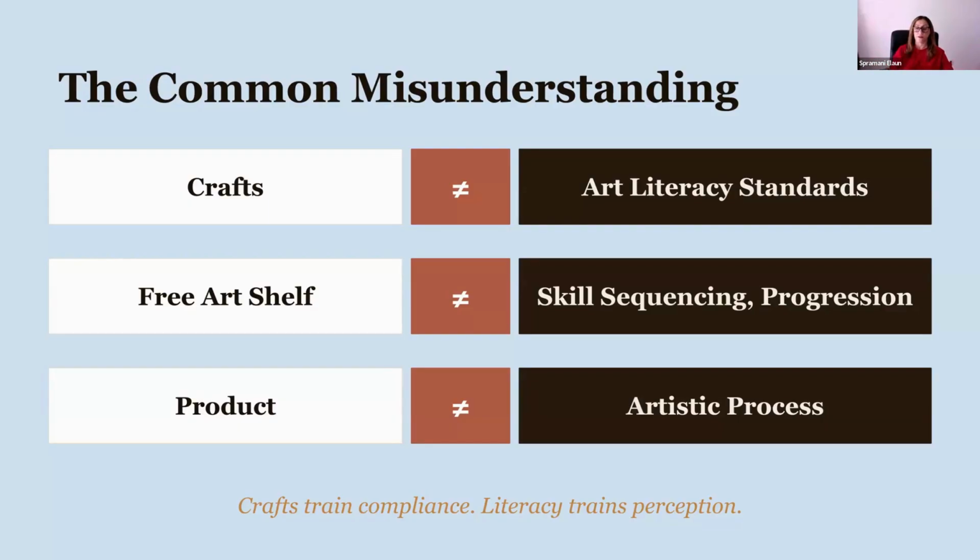A lot of these things are misunderstandings, and sometimes I have to help clear these ideas up: art literacy has standards, it has sequencing, it has progression, and it has a process that we can check as educators to make sure that children are getting the experience that they need.